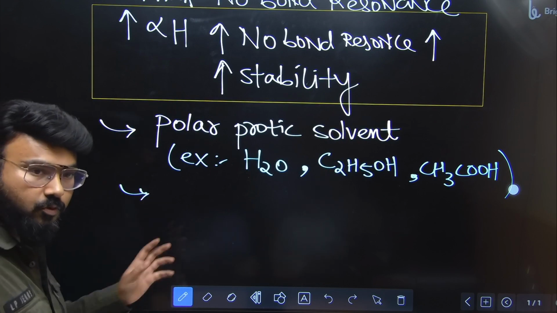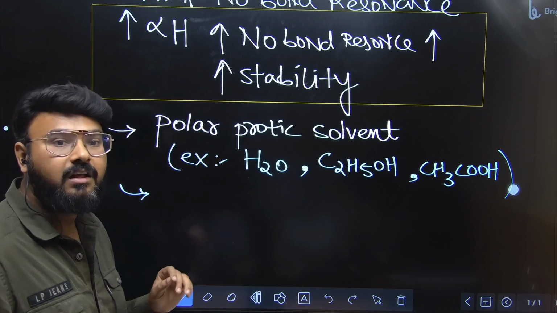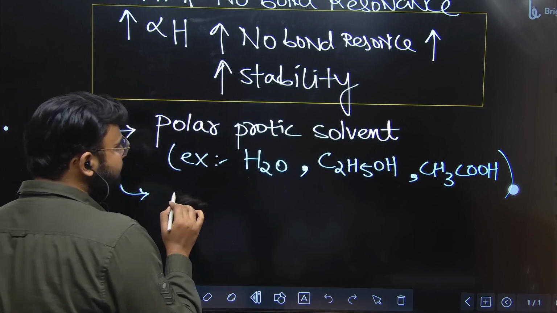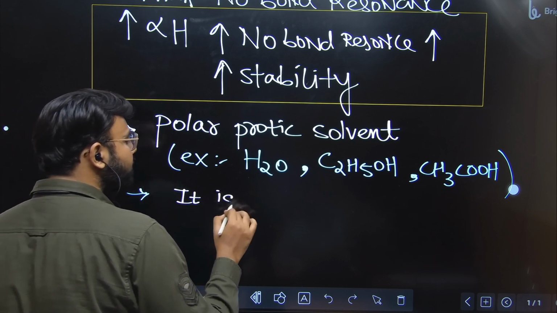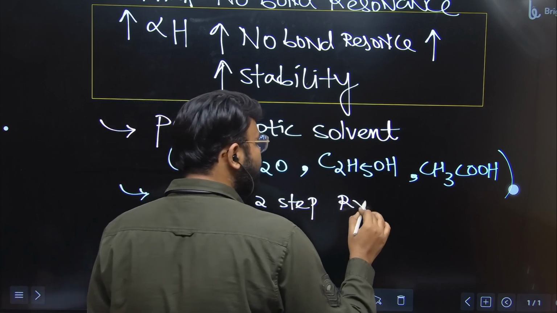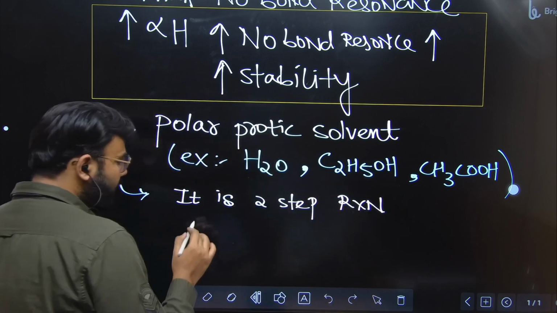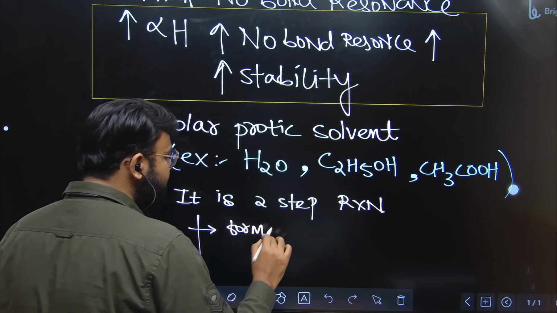Let's write down more points about SN1 reaction. SN1 reaction is a two-step reaction. Write it down. In the first step, there is a formation of carbocation.